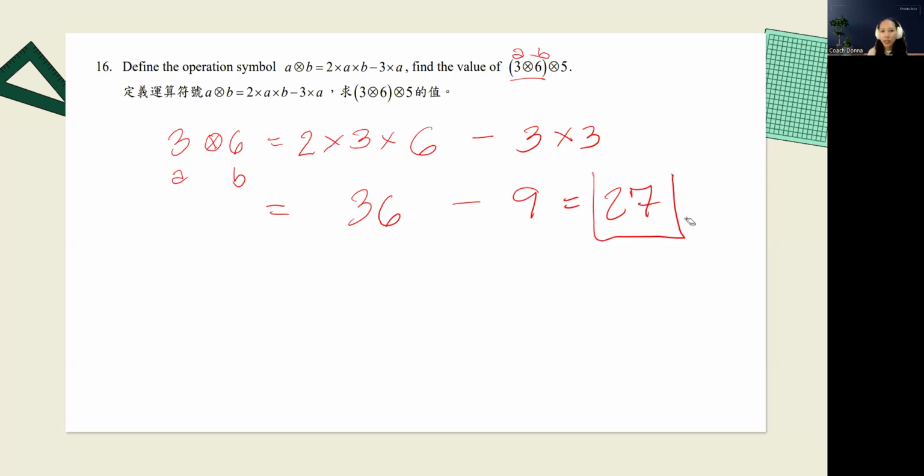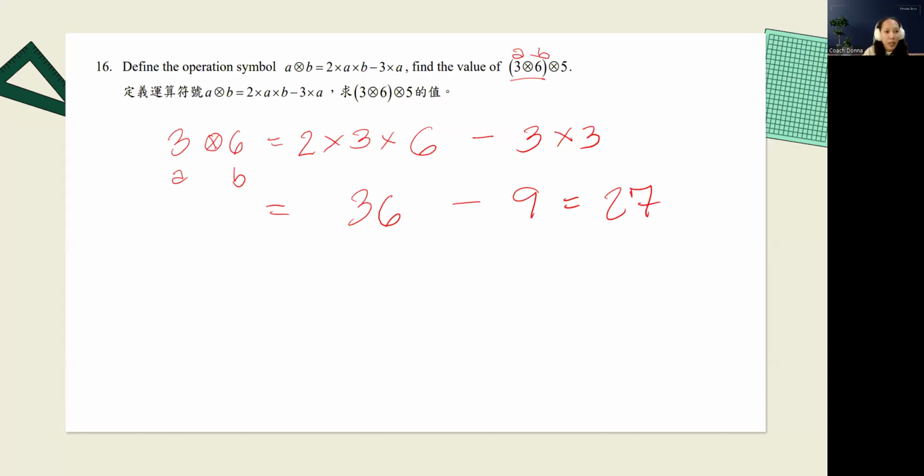But we're not yet done. Remember, 27 symbol 5, then.